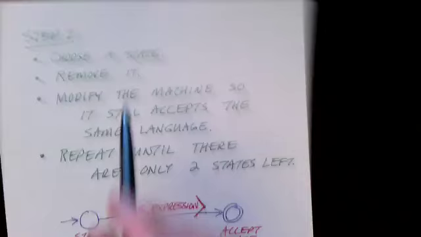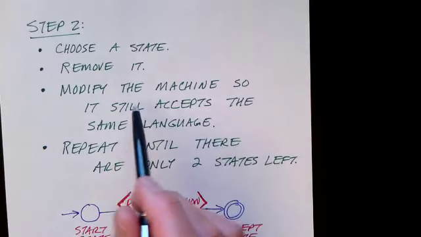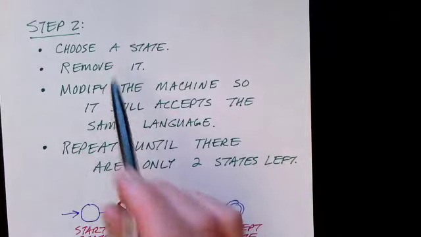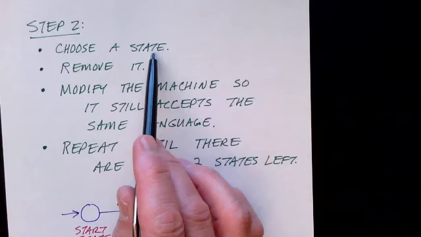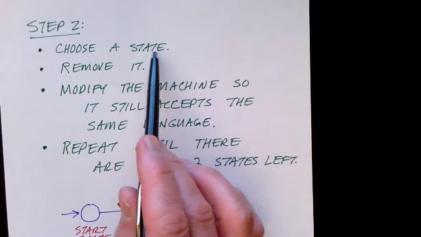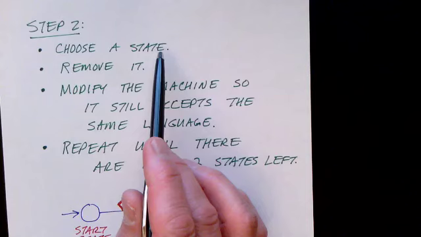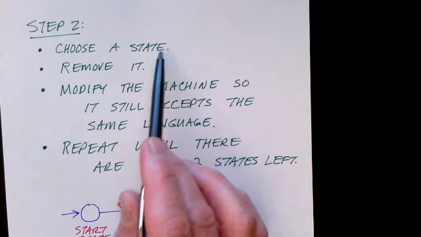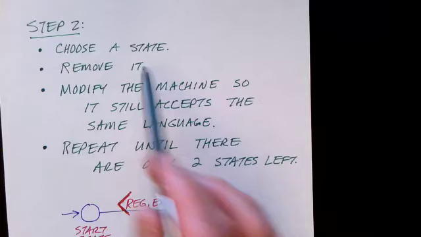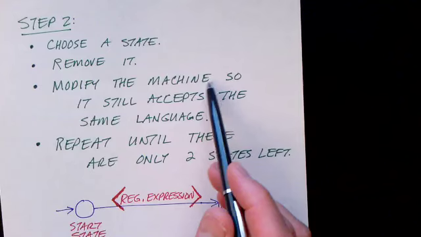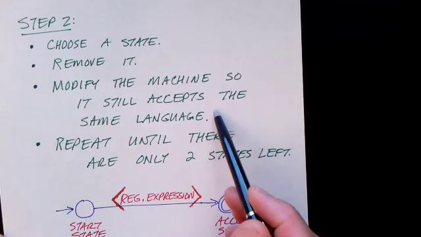Okay, so the way we're going to do this simplification is we're going to repeat the following steps. We're going to choose a state, arbitrarily choose any state. We won't choose the initial state or the final state, but any other state that's not initial and not final, we're going to choose. And then we're going to remove the state, but we're going to have to modify all the remaining edges so that the machine still accepts the same language.